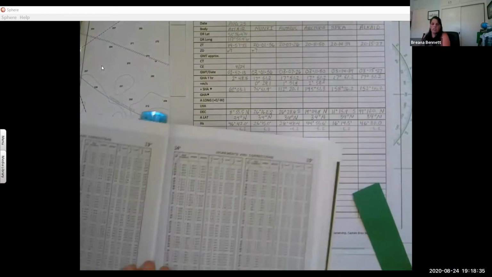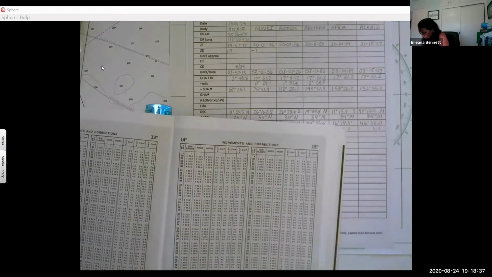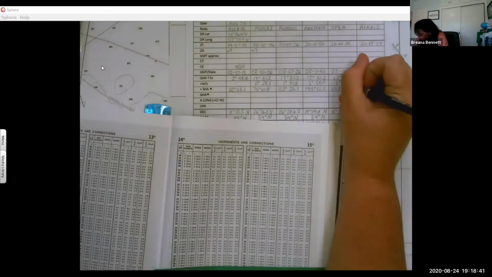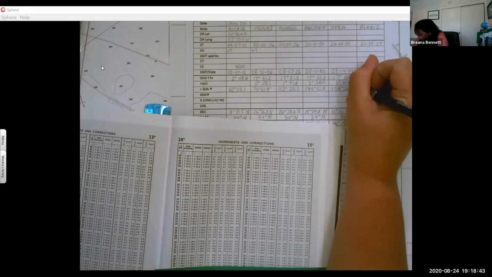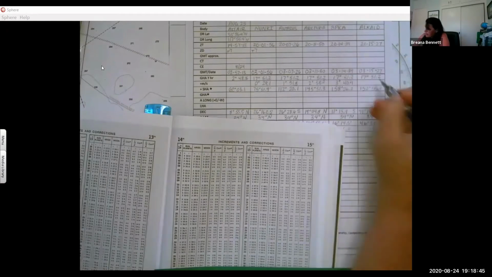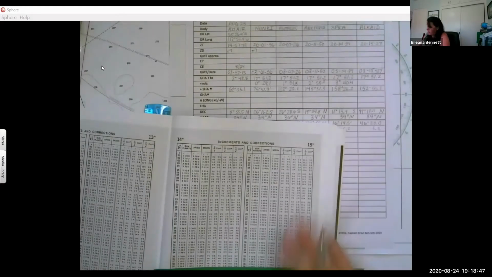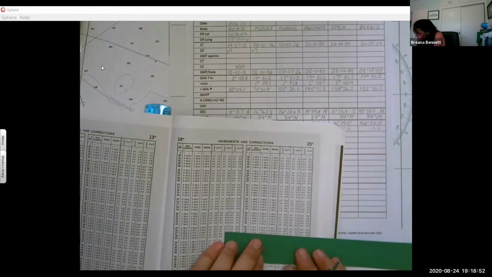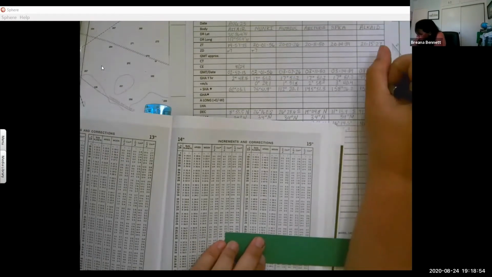Next page, 14:39, 3 degrees, 40.4. And then we have 15:27, same page. 15:27 is 3 degrees, 52.4.